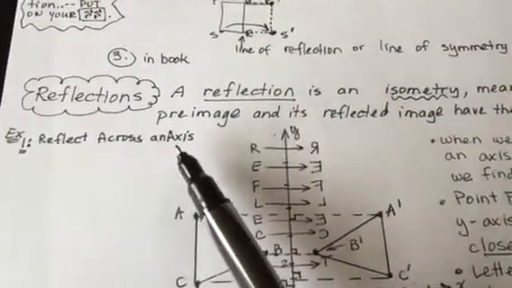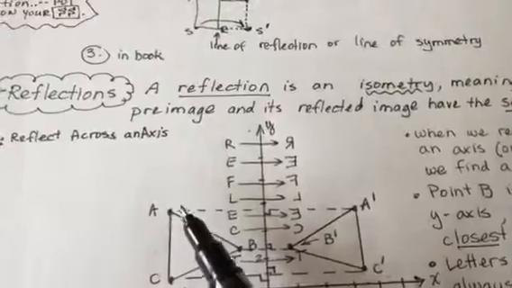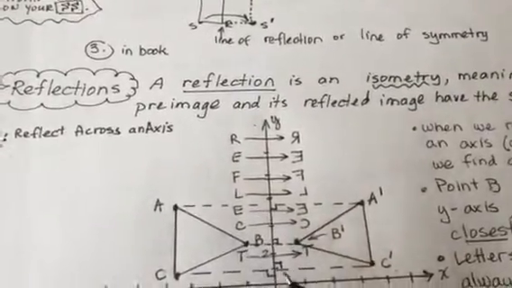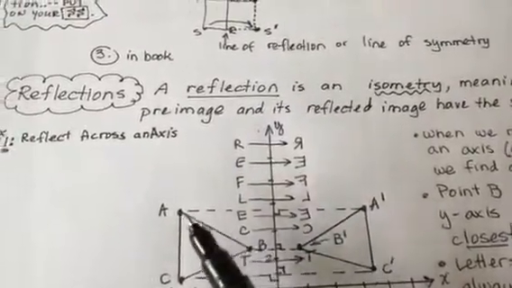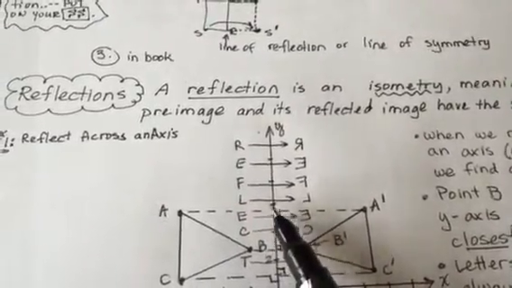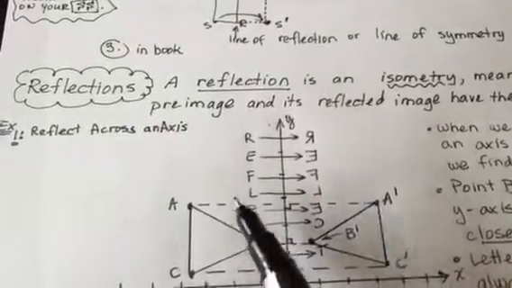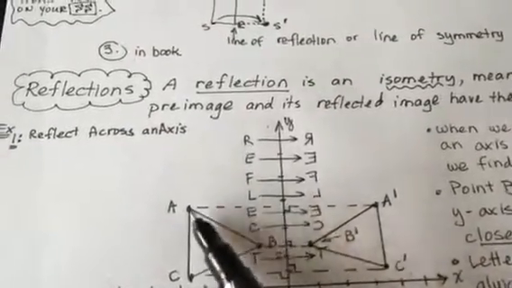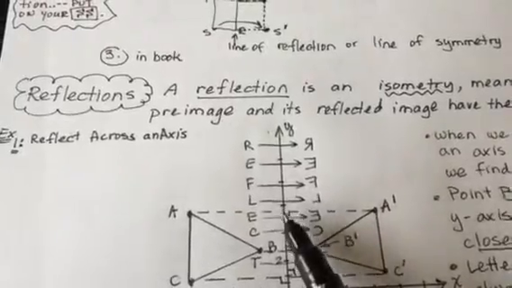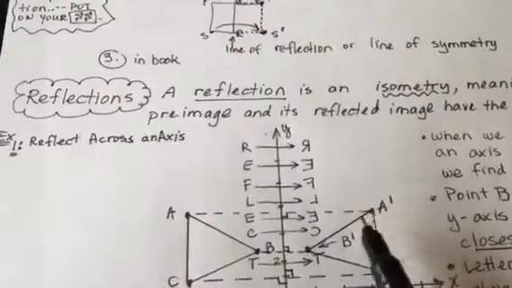To reflect across an axis is the easiest, since all of our points are oriented so that they come out 90 degrees over, 90 degrees up, and so we go straight perpendicular to the axis, straight perpendicular away. This distance between the axis and A will be identical to the distance between the axis and A prime.